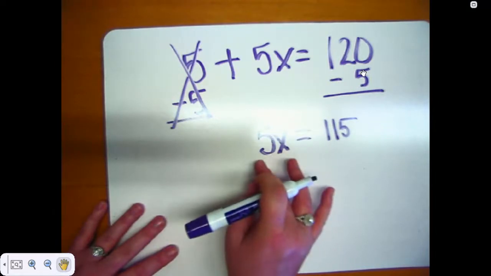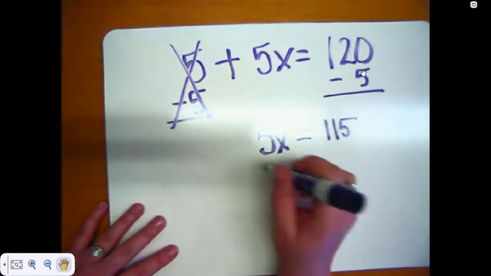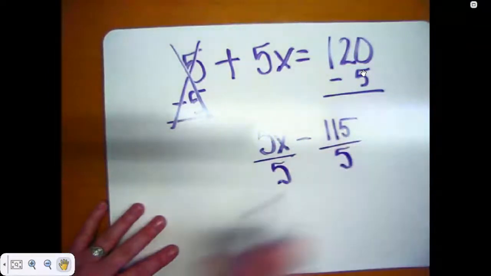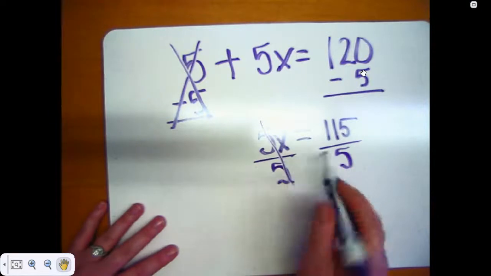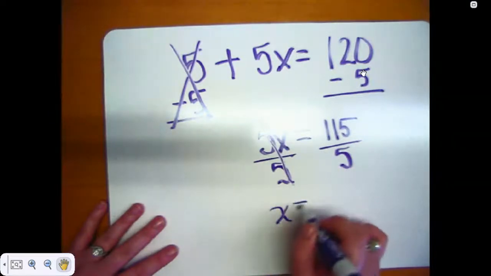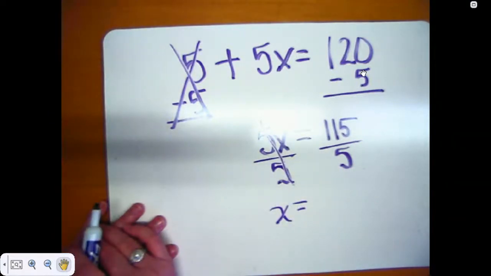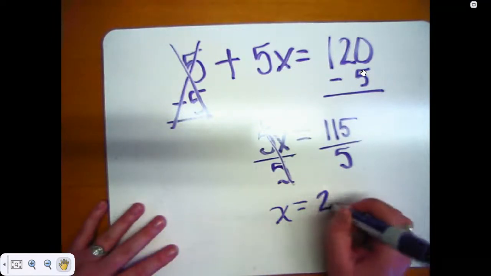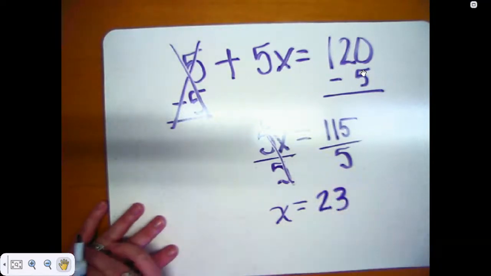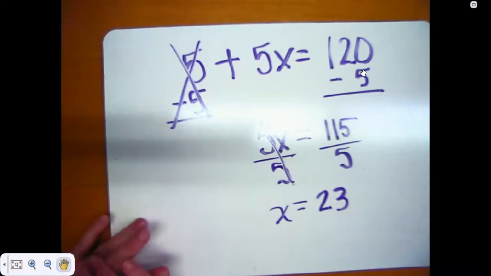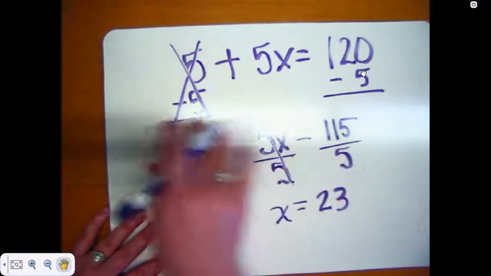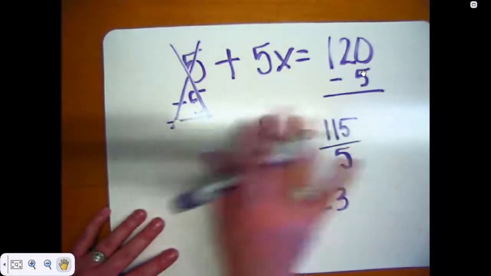So now we're going to do the inverse, which would be to divide by 5. And I'm going to divide both sides by 5. Now I'm left with x, and 115 divided by 5 is 23. So x is equal to 23. I just wanted you to see that correlation between we're doing the inverse operation to get that x by itself.